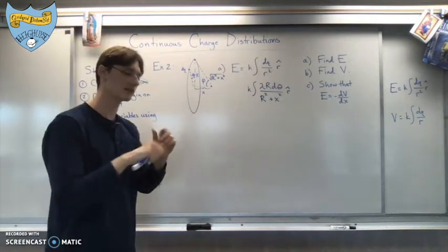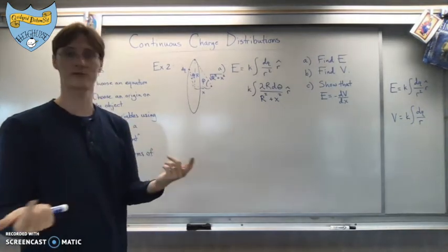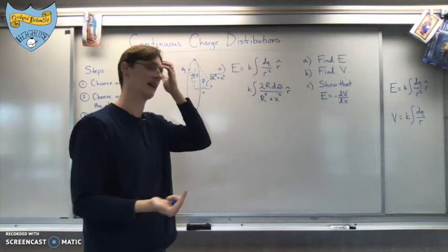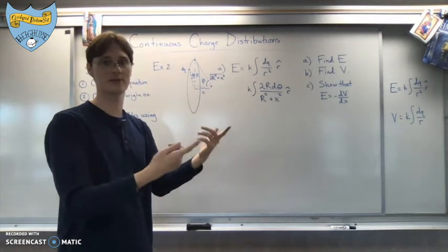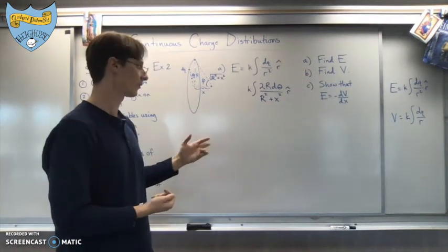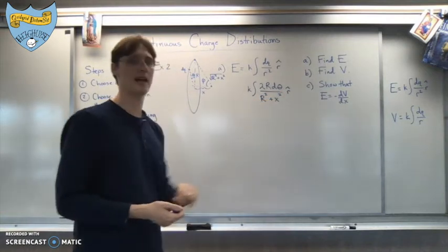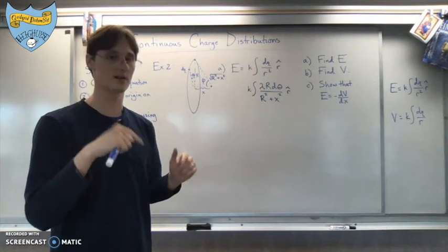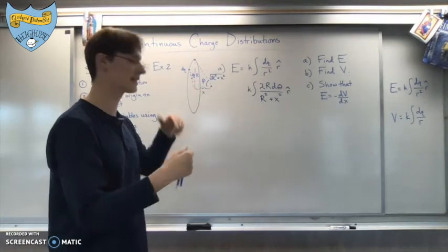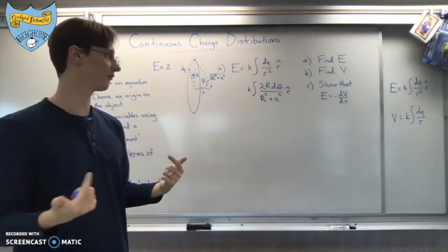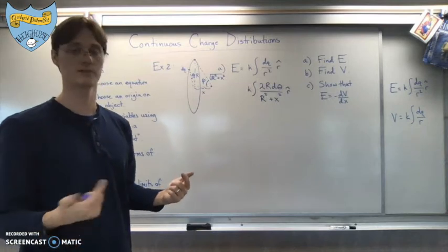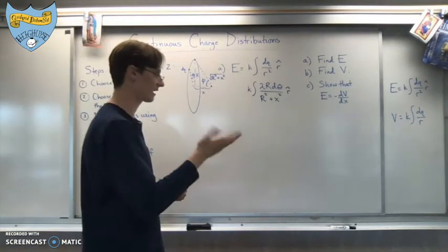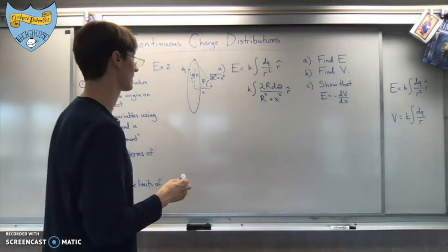So like when we did the half ring of charge, and we were finding the field, say, at the focus of the ring, we're going to have to talk about r hat in terms of cosine phi i and sine phi j. Okay, so break it up into cosine and sine.